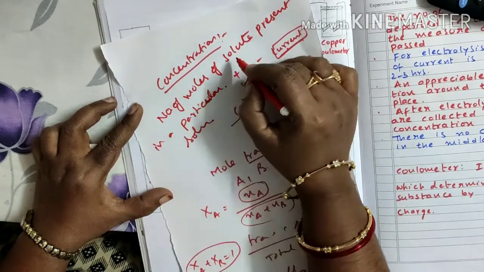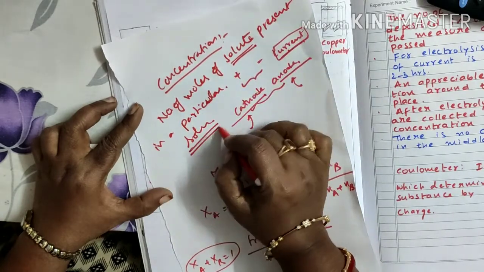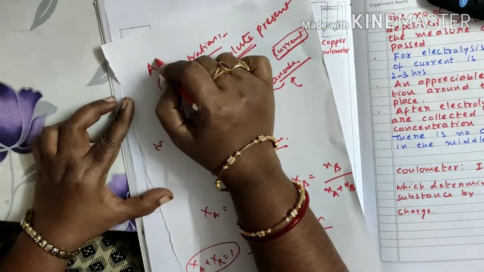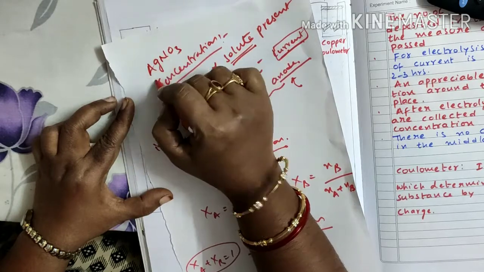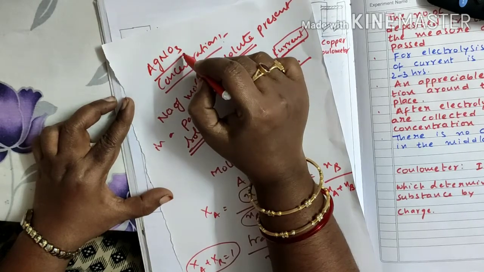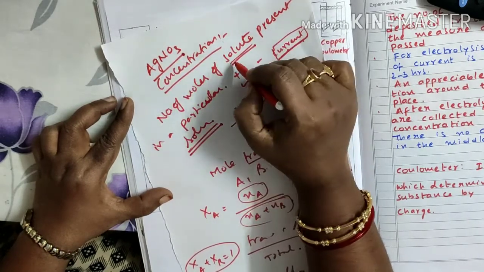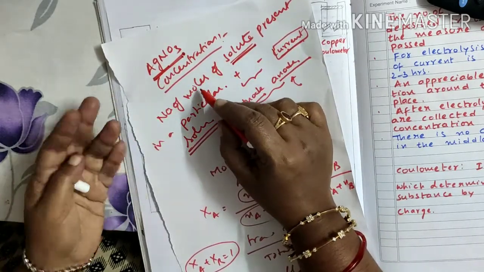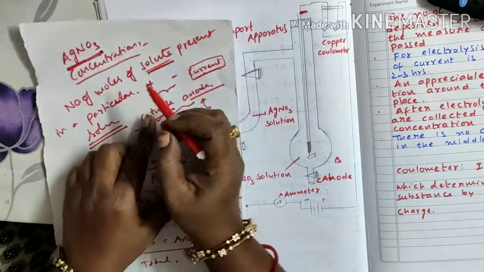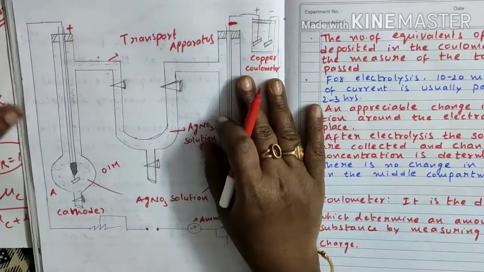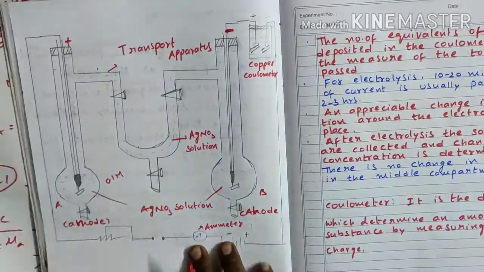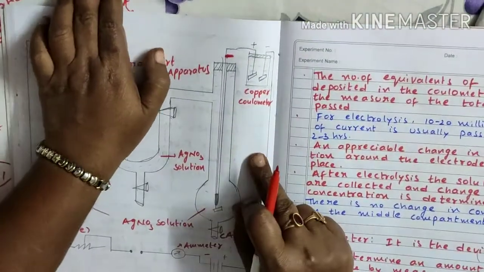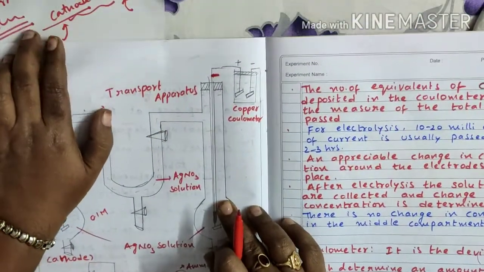Here we prepared a silver nitrate solution, so the solute is silver nitrate. I am repeating again that concentration means the number of moles of solute present in a particular solution.